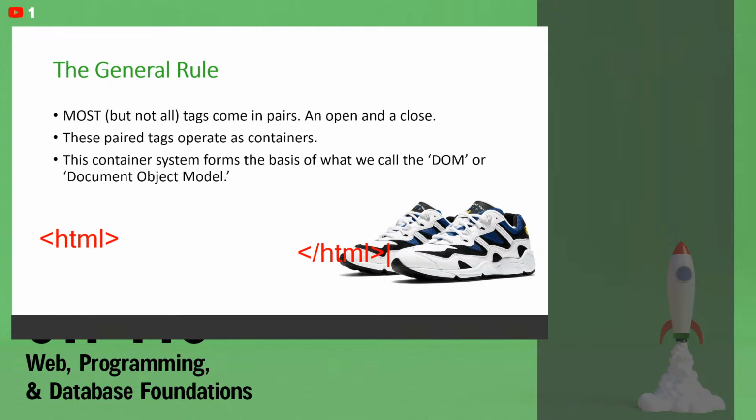That's what makes it distinct from the opening tag. So this is our open over here, and then this would be our close. And that creates a container. Everything else can go in between.